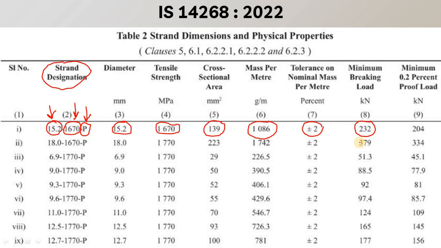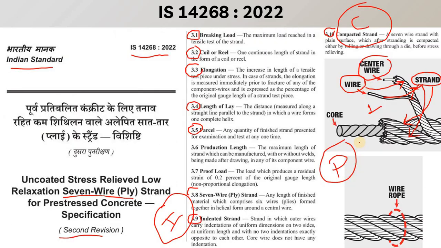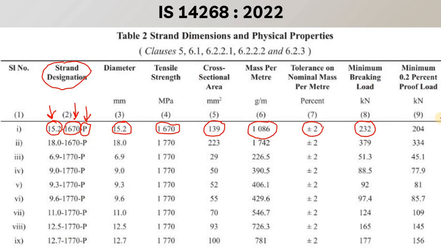That is the minimum breaking load specified for strand of 15.2 mm diameter. And we have the minimum 0.2% proof load, that is 204 kilonewton. In the other rows you can see different diameters. Let's say this is 18 mm diameter with a tensile capacity of 1670, and it is a plain wire.